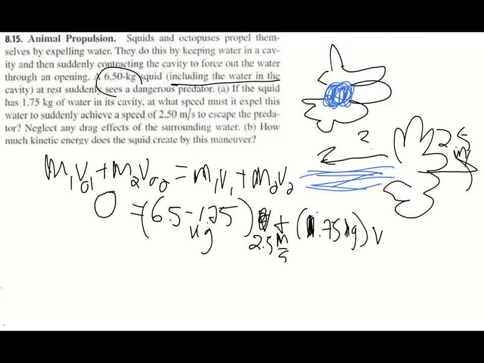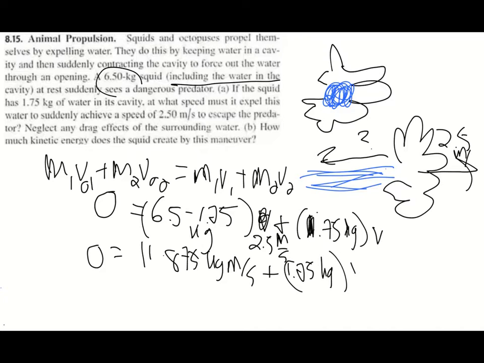So we multiply all that together. So we have 0 equals 11.875 kilogram meters per second, plus 1.75 kilograms times V.